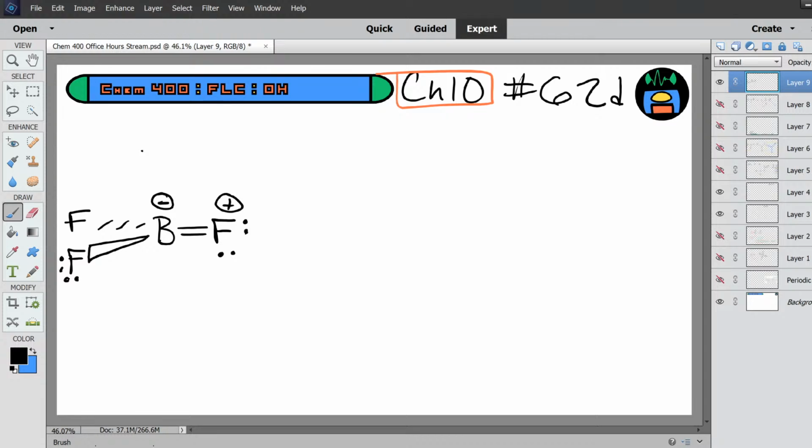Let me just finish putting in all of my lone pairs. All right. So if we're going to draw the 3-dimensional picture here, we still have boron making 3 sigma bonds.